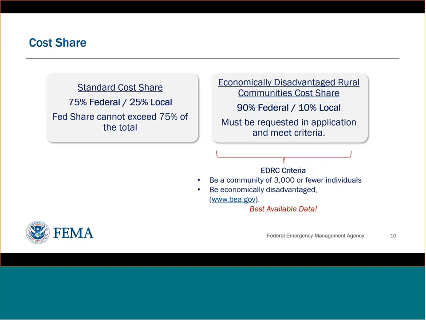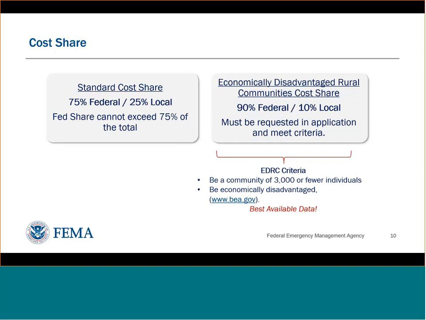FEMA defines that in the NOFO as having a per capita income of 80% or less of the national per capita income. Right now that hovers about $26,000, and if you're not able to find that for your community, definitely reach out to us at our contact at the end, and we'll be happy to see if we're able to locate that for you as well.